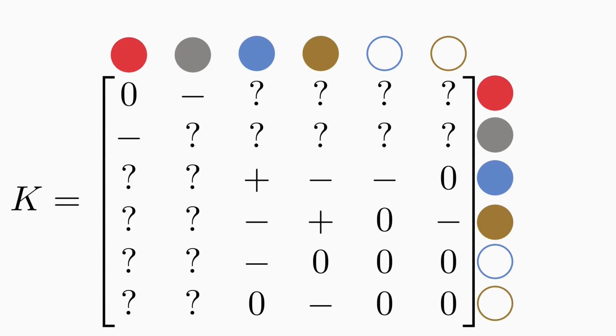A positive value means that the particles repel each other. A negative value means that the particles attract each other, and 0 means that there is no interaction between the particles. One thing that you may notice about this matrix is that it is symmetric along the diagonal.